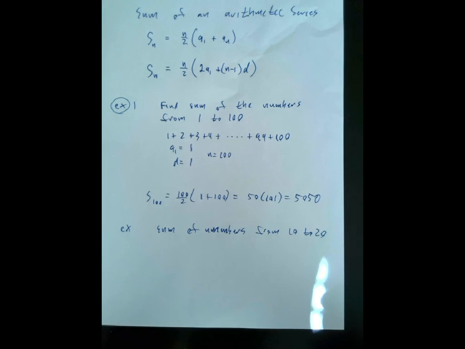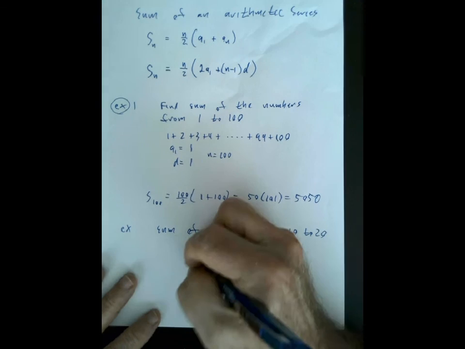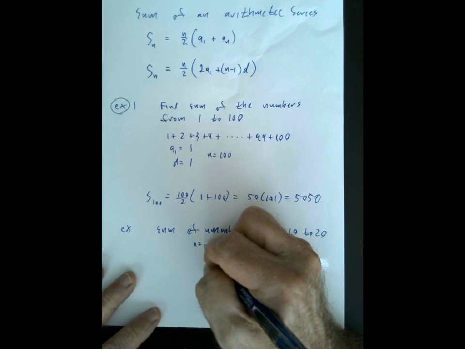Let me see here. 10, 11, 12, 13, 14, 15, 16, 17, 18, 19, 20. That's actually 11 numbers. So n is 11, we're adding 11 numbers.